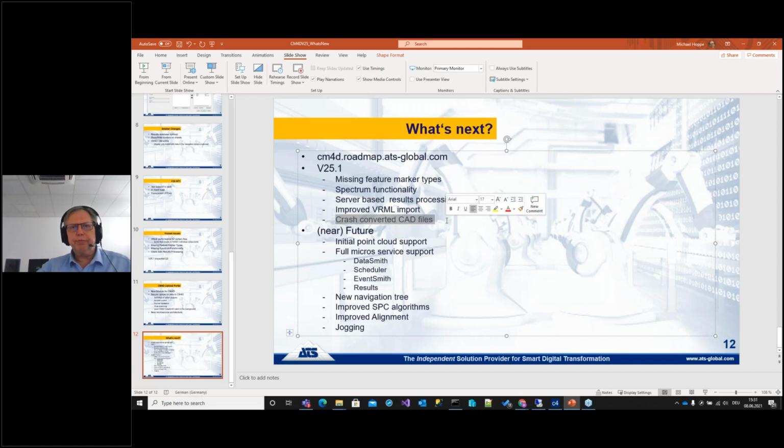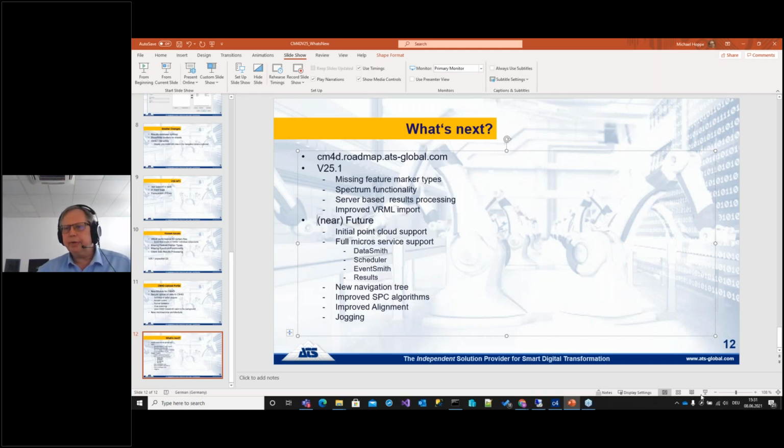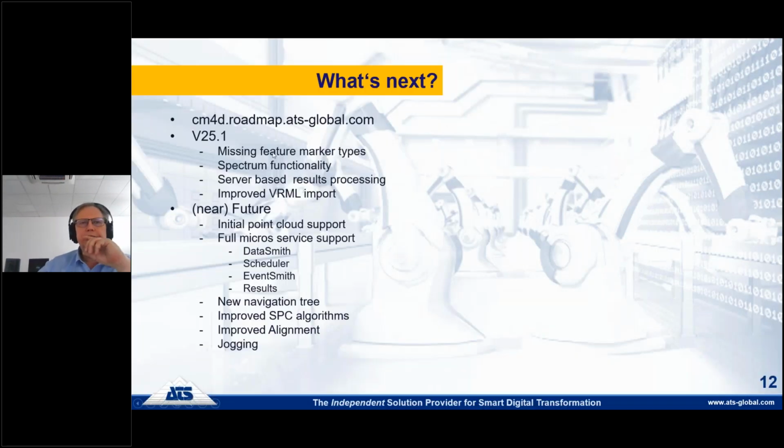This is one of the bugs that is already resolved in the hotfix with an improved import, with the server-based results processing, so functionality that is definitely needed. But it also allows us now to start to actually implement point cloud support, the microservice support for Datasmiths, scheduler, event smiths, and results processing.